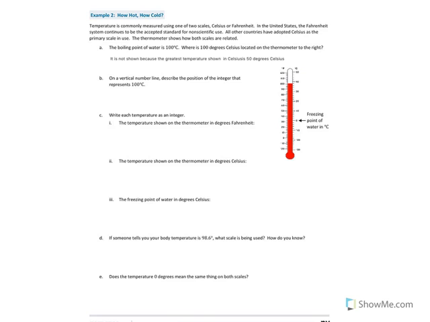So let's try it this way. If we had a vertical number line, and we had the 0 degrees here, or 0 degrees can be listed somewhere else for Celsius, where do you think the 100 degrees would be?